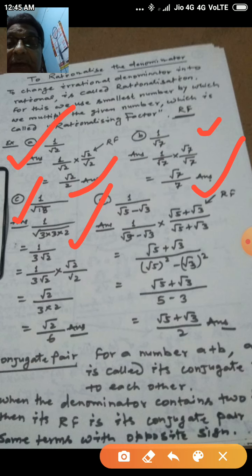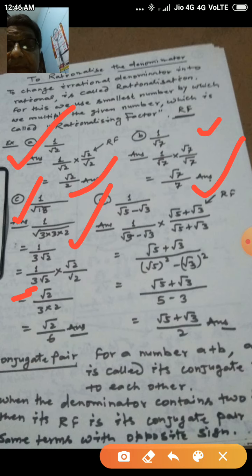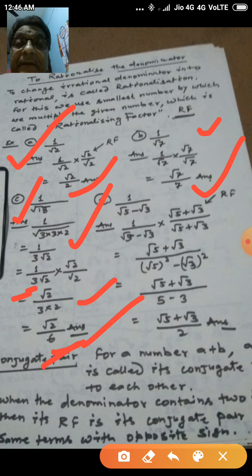Now here you see 3 is already rational, so there is only need to rationalize the root 2. So we now use RF root 2, by which we multiply numerator and denominator, and finally we get root 2 by 6, and now 6 is rational, so we have rationalized it.